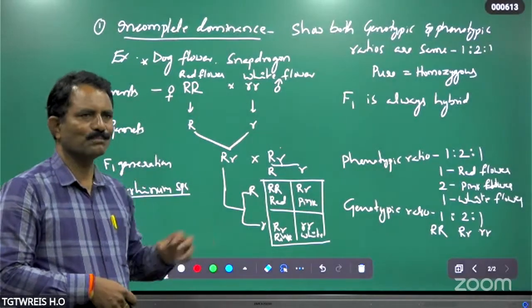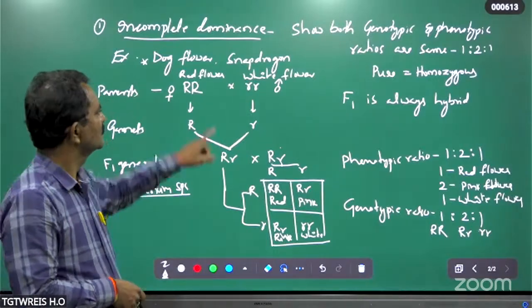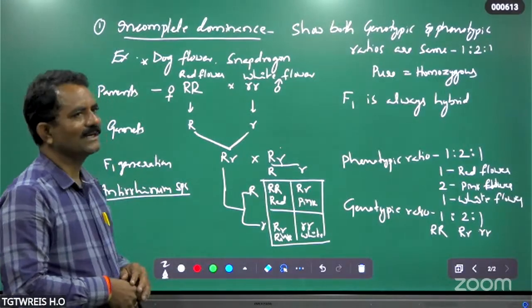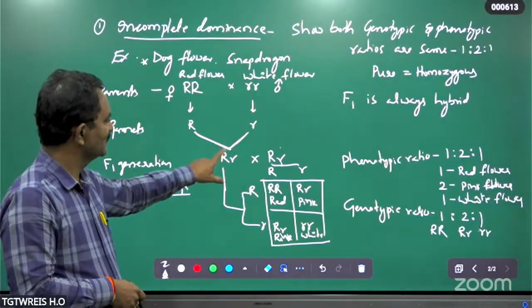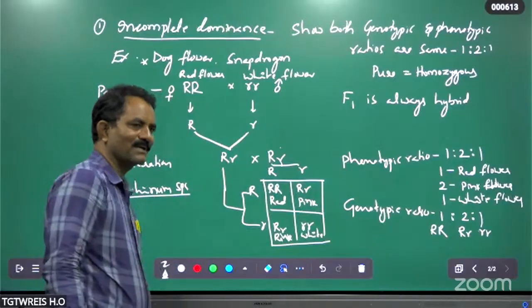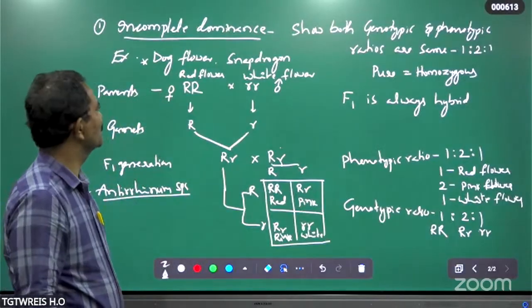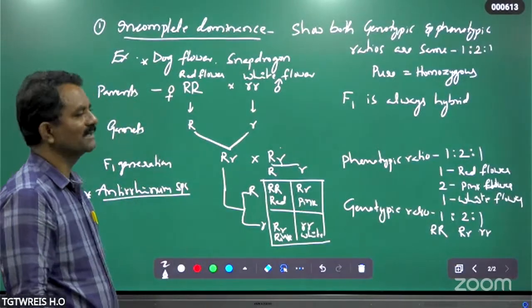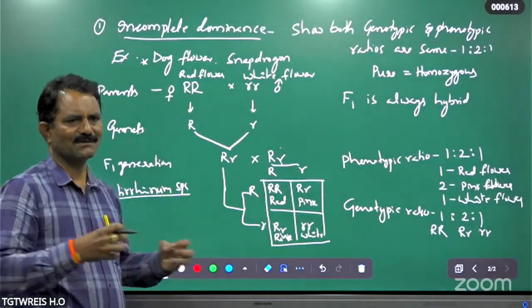So that is called incomplete dominance. F1 shows neither of the parental characters. It is one of the deviations of Mendelian.